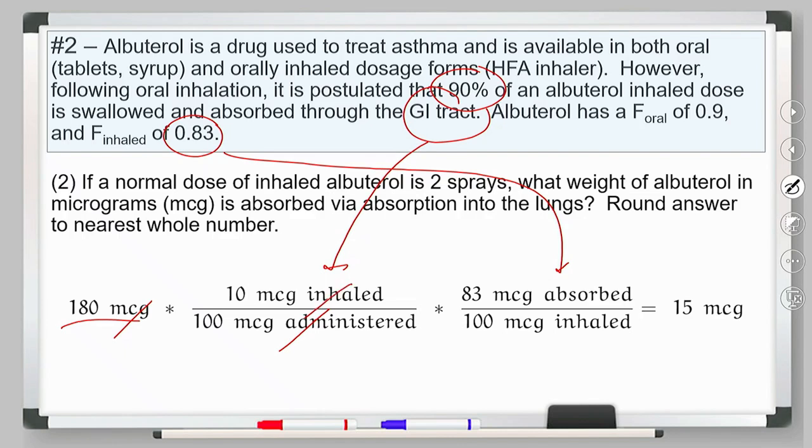So again, that will cancel the inhaled micrograms, and if you multiply all that across, basically 180 micrograms times 10%, times 83% gives you 15 micrograms. So of the 180, only 15 micrograms gets into the blood from the lungs directly.